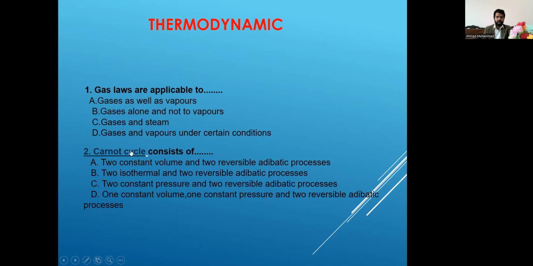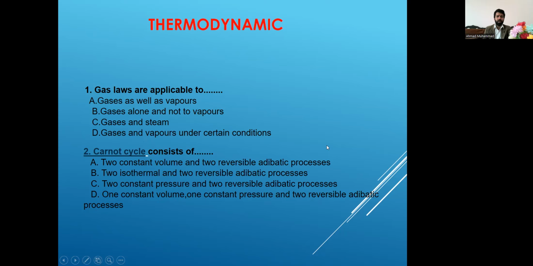Question number two. Carnot cycle consists of: option A, two constant volume and two reversible adiabatic processes; option B, two isothermal and two reversible adiabatic processes; option C, two constant pressure and two reversible adiabatic processes; and option D, one constant volume and one constant pressure and two isothermal adiabatic processes.